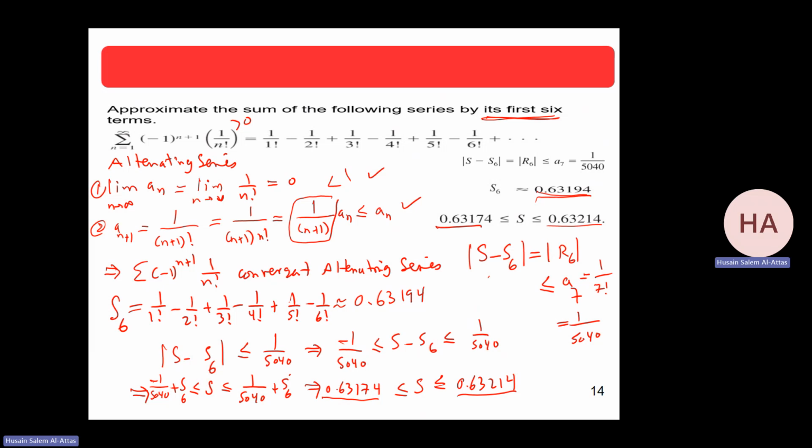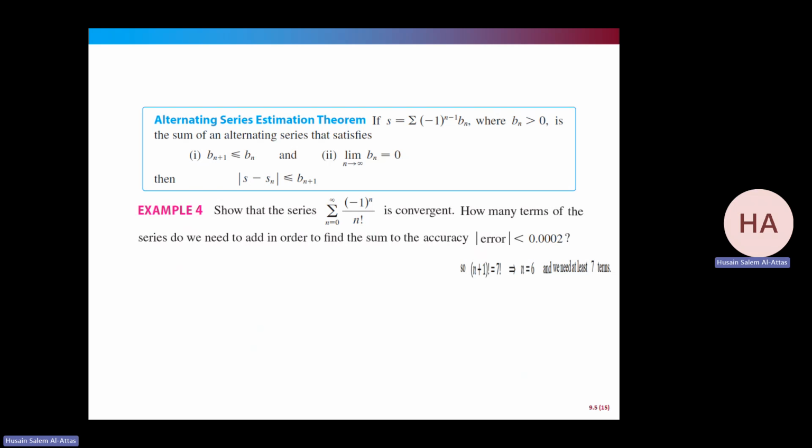I get it because I find S6 with 6 terms, and I know S minus S6 is less than the next term, a7, 1 over 7 factorial. Then I did the calculation. Usually in the exams we have these things because this one needs the calculator, but we're not using the calculator in the exam.